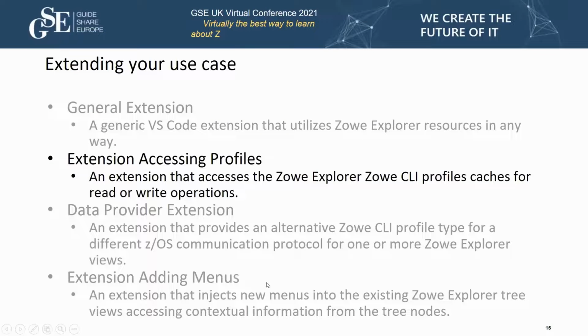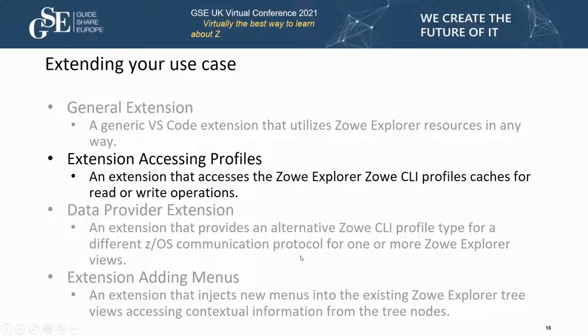The next part is an extension accessing profiles. Profiles within the Zoe environment means your connection details. Within Zoe Explorer, we have management of profiles, and we have a profiles cache where you can read or write connection details and update and manage them through Zoe Explorer.